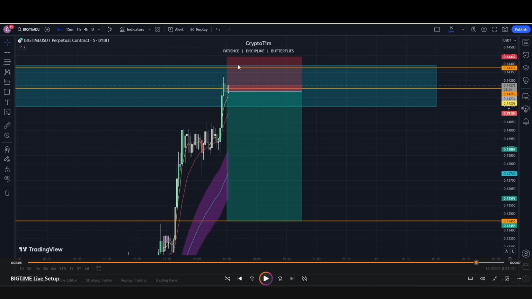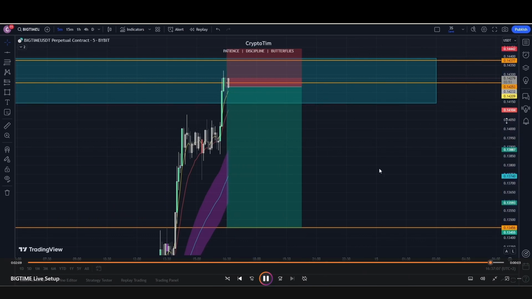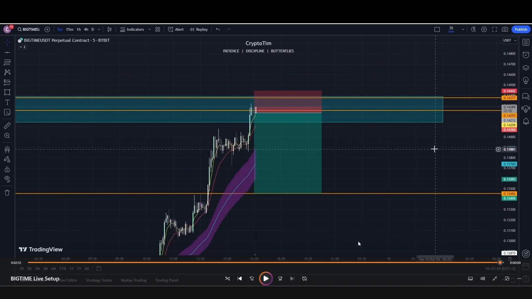We could have waited to see if we recovered the 5-minute vector candles, but okay, the risk to reward ratio was still very nice if we entered around this 15-minute recovery, so I decided to jump in there. We still have a 3.7 R. And that's pretty much all that was to this trade.